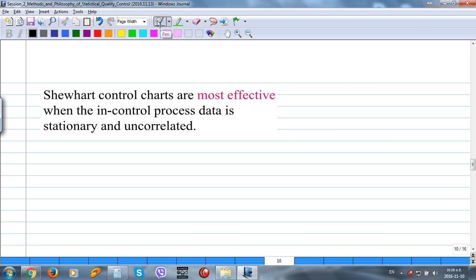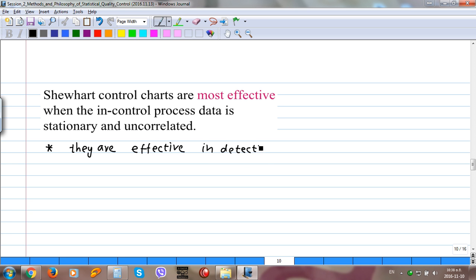The Shewhart control charts are effective in detecting out of control conditions.